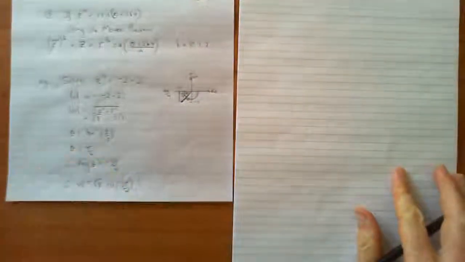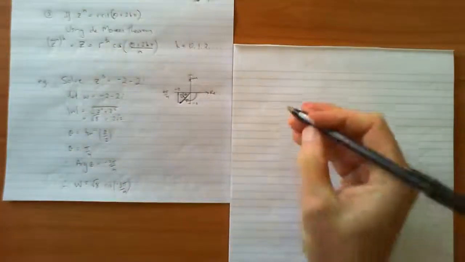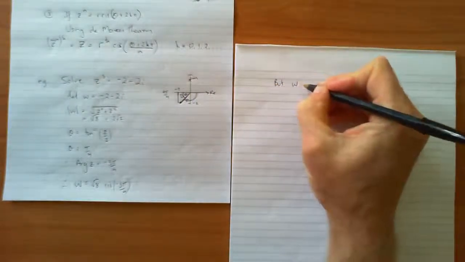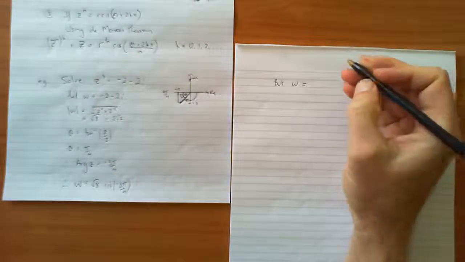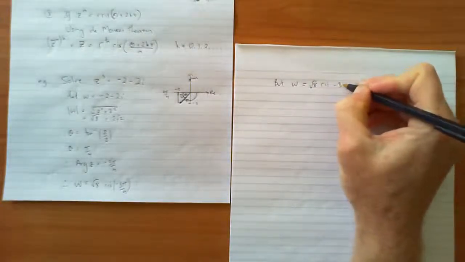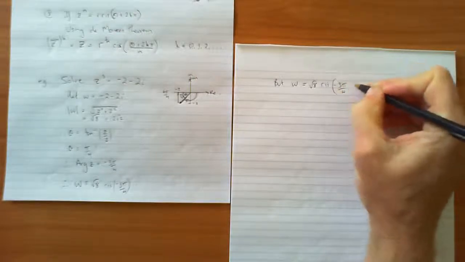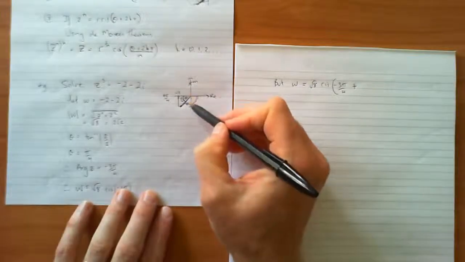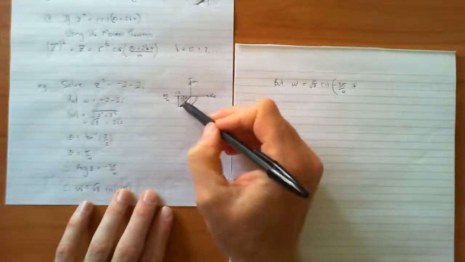Okay, let's turn the page. But W also equals root 8 cis negative 3 pi on 4 plus however many times we want to go around here in terms of full circles.